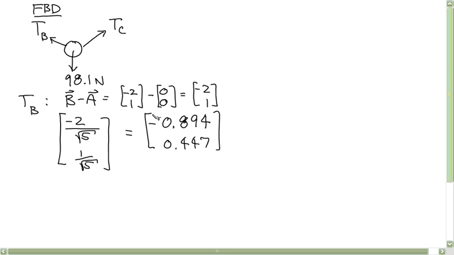Okay, so then the force vector, now that this has a length of 1, is just going to be this times our unknown scalar. So TB times -0.894, 0.447.